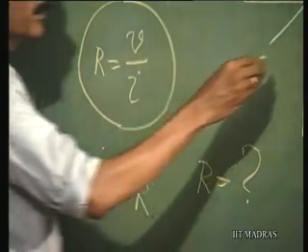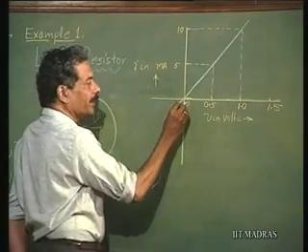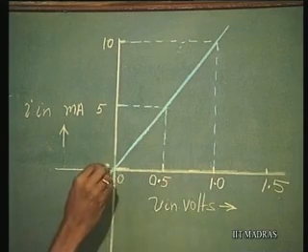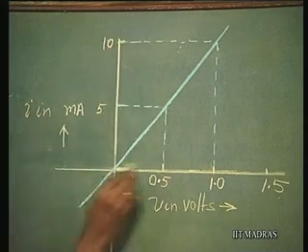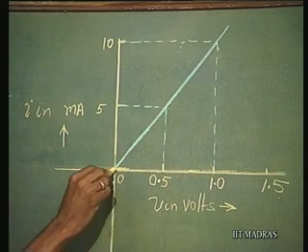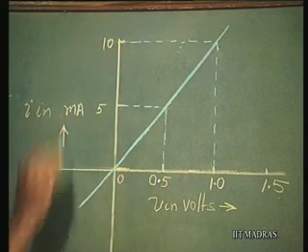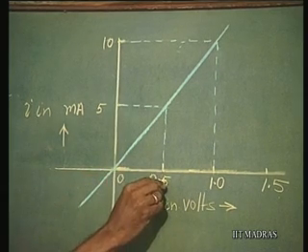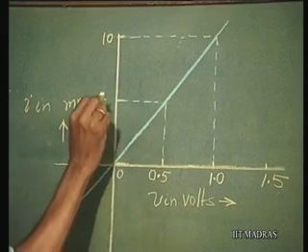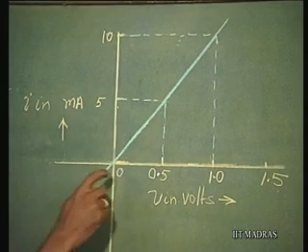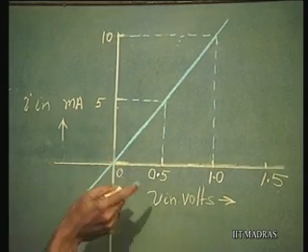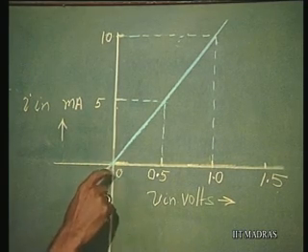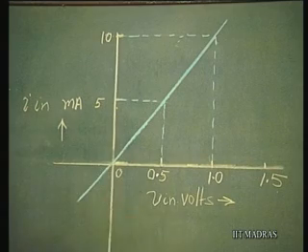We know from this, for a voltage of 1 volt change, it is producing a current of 10 milliamperes, or for 0.5 volts change, it is producing a current of 5 milliamperes. Therefore, the inverse of the slope of this will give you resistance, or the slope of this will give you 1 over the resistance.